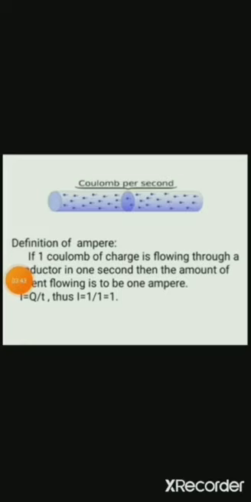Coulomb per second is the definition of ampere. If 1 coulomb of charge is flowing through a conductor in 1 second, then the amount of current flowing is 1 ampere. Electric current equals charge by time.